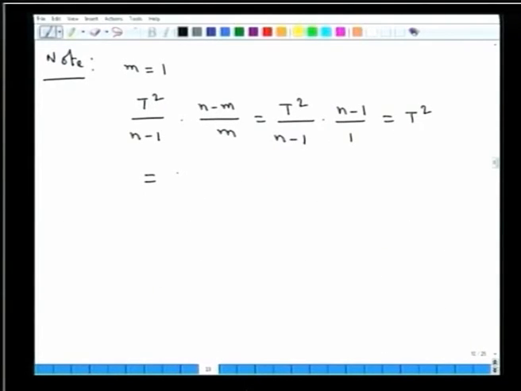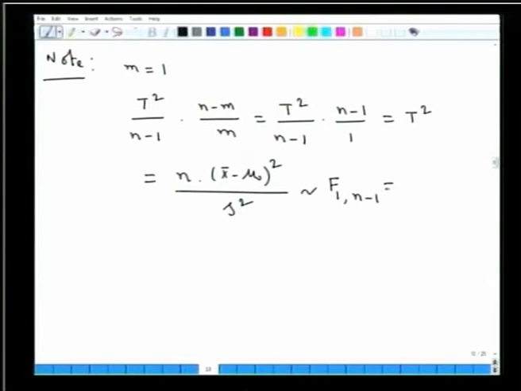This will follow an F distribution on 1, that is m, and n minus m, which is n minus 1 here.